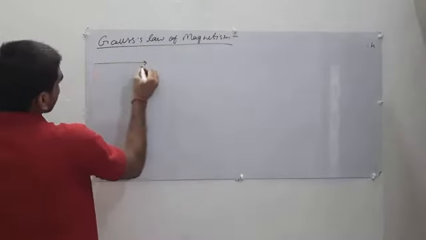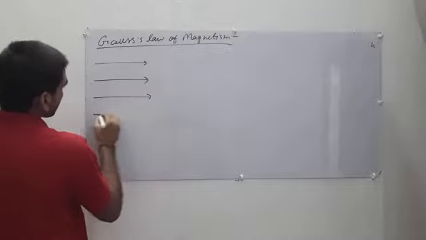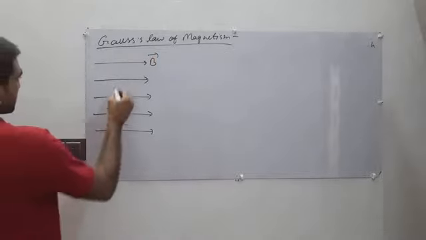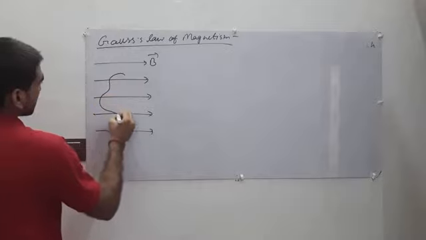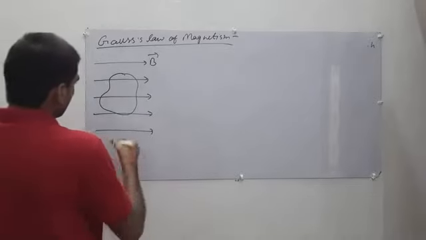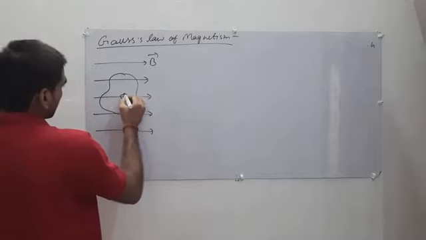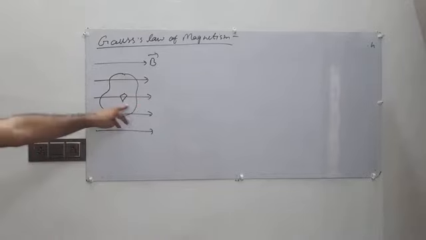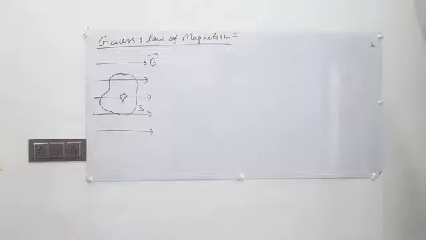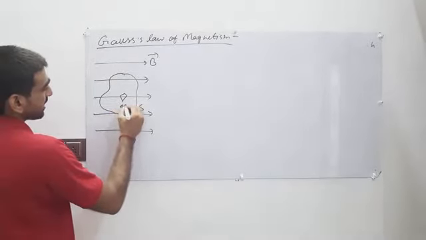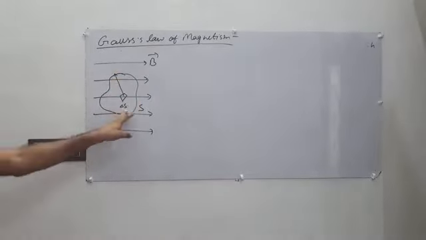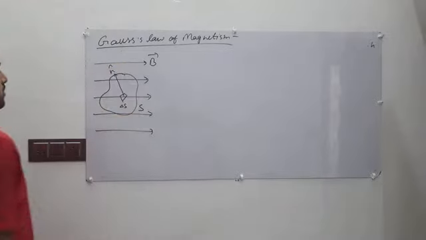This is the uniform magnetic field B, and there is a surface S. We take a unit vector area from this surface, delta S, and the direction of the unit vector area delta S is represented as n cap.